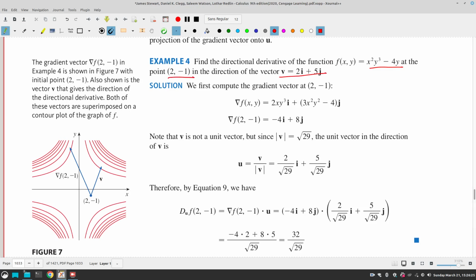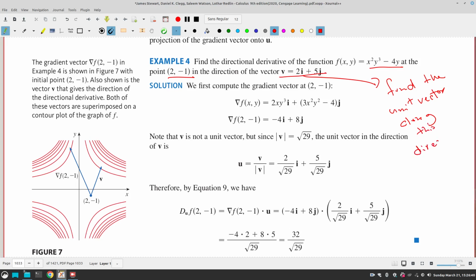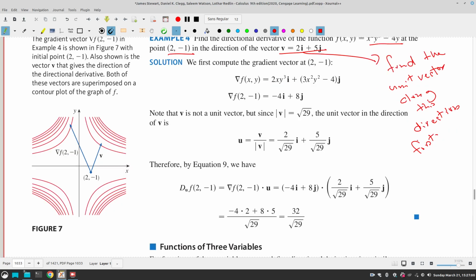So what you need to do is find the unit vector along this direction first. That is given by u equals v over the size of v. The size of v is square root of 29. You divide by the square root of 29, you get the unit vector, which is my u.